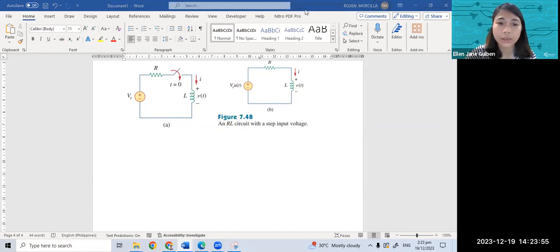Okay, using KVL, method one. Let's follow the inductor current, which is counterclockwise. We have IL.